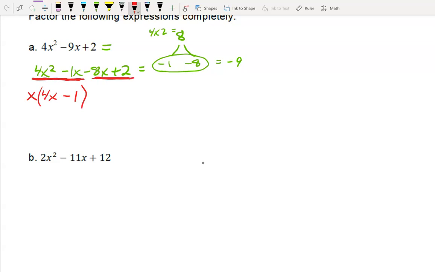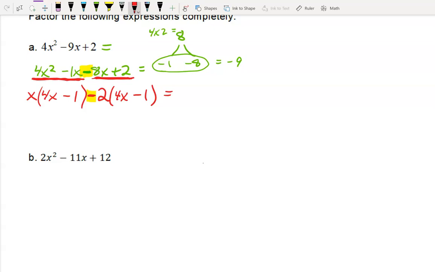Is there a factor in 8 and 2? Well, hopefully you can see it's a 2. Now I want to highlight this negative sign in between there. That must follow its way down here. So I'm not taking out a 2, I'm going to take a negative 2 out. If I divide this by negative 2, I get 4x. And if I divide 2 by negative 2, I get negative 1.